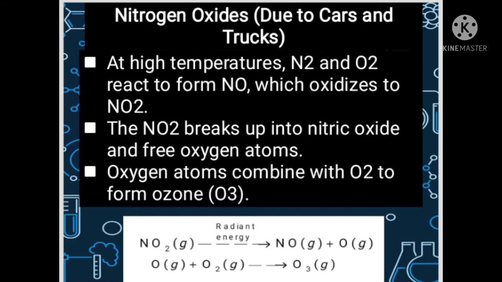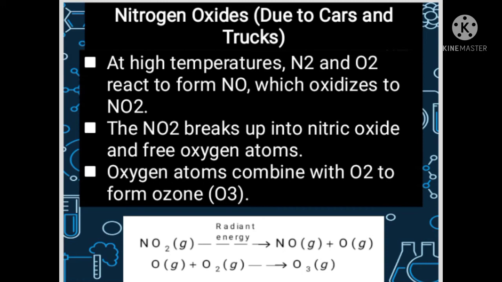So we have, at high temperatures, N2 and O2 react to form NO, which oxidizes to NO2. The NO2 breaks up into nitric oxide and free oxygen atoms. Oxygen atoms combine with O2 to form ozone, or O3.